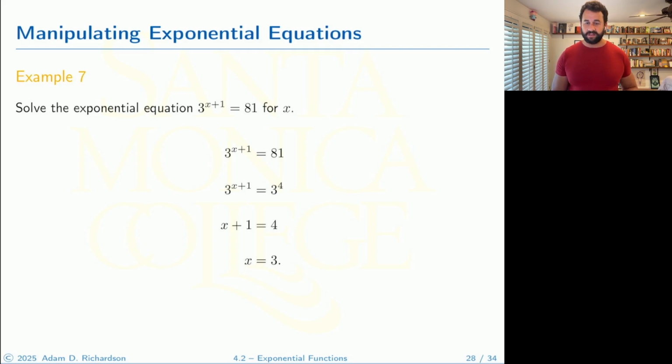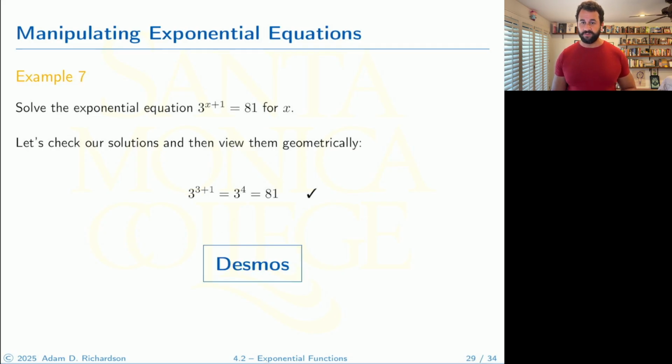Okay, now let's check. Let's just be sure. Let's talk about checking this for a minute. If we plug 3 in for x up here, we get that it is actually valid. So 3 to the 3 plus 1 is 3 to the fourth. 3 to the fourth is 81. Check, that's good. Another way you could think about this particular example is this is an exponential function and this is a positive number.